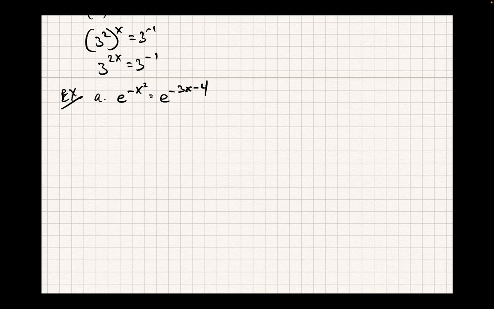Max, what do you think? You remove the e's. So negative x squared equals negative 3x minus 4, using the one-to-one property.